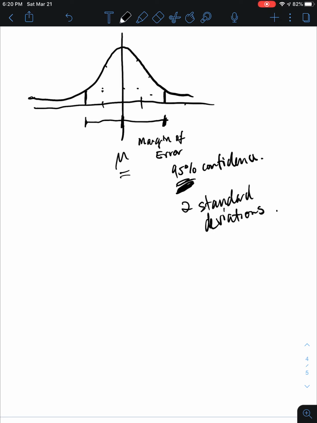So that's the number that we will be using most of the time. 95% confidence is 2 standard deviations, roughly 2 standard deviations. If you check your table, you will see it's really 1.96. So it's approximately 2 standard deviations. It's more closely 1.96 standard deviations.